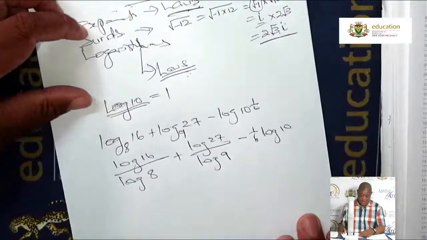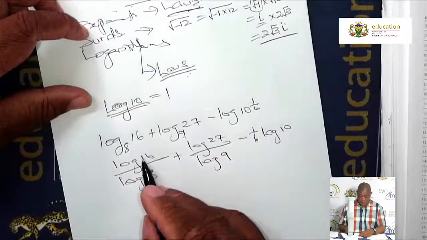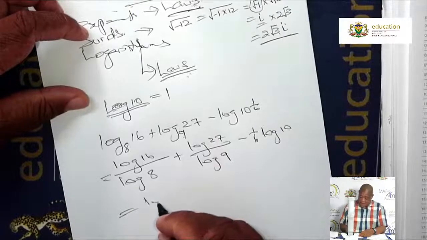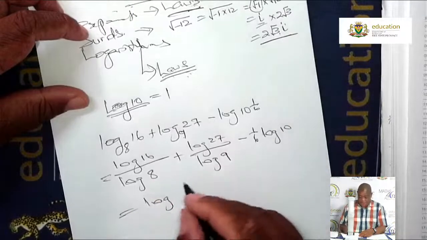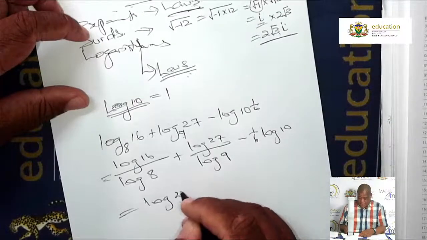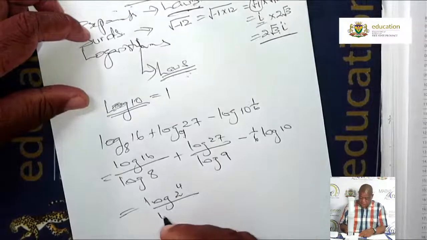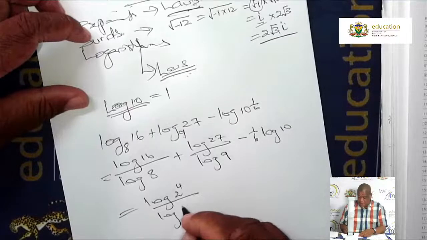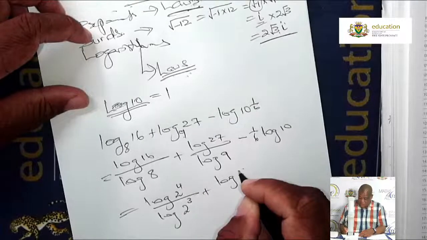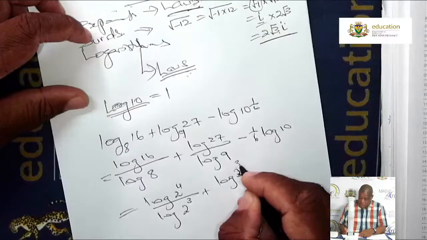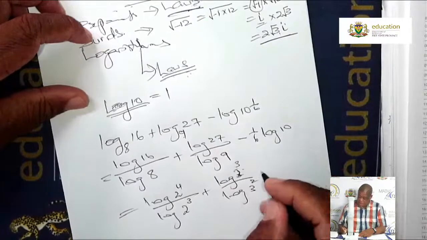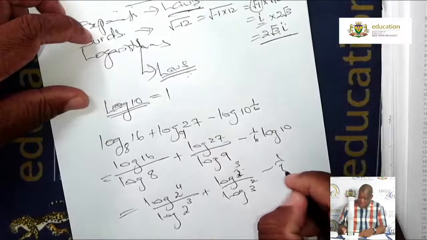And then you change this one: 16 can be written as 2 to the power 4, 8 as 2 to the power 3, log of 3 to the power 3 over log of 3 squared, minus 1 over 6.